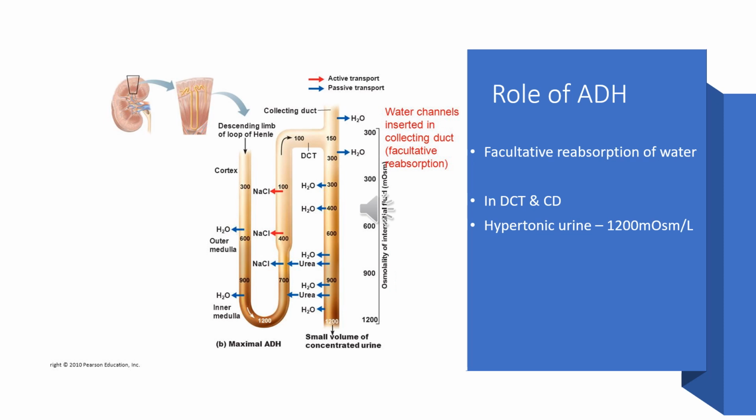So this water reabsorption induced by ADH is called facultative reabsorption of water, and thus a large quantity of water is removed from the tubular fluid while passing through the DCT and collecting duct, and thus the urine becomes hypertonic with an osmolarity of about 1200 milliosmoles per liter.